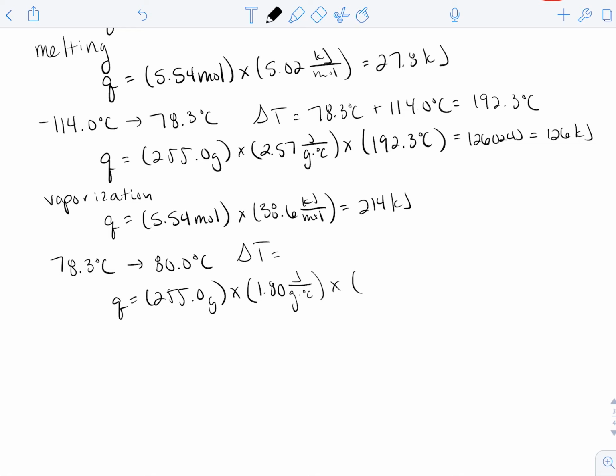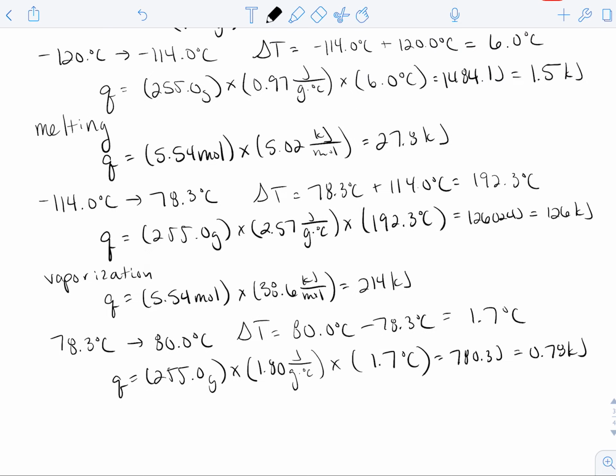Delta T is equal to 80.0 degrees Celsius minus 78.3 degrees Celsius, which is 1.7 degrees Celsius. That gives us a value of 780.3 joules, which would be equal to 0.78 kilojoules.